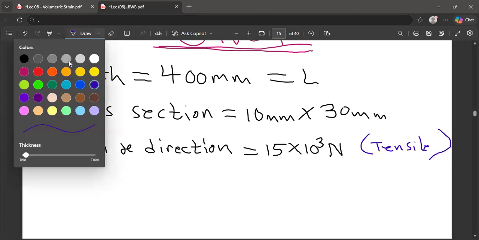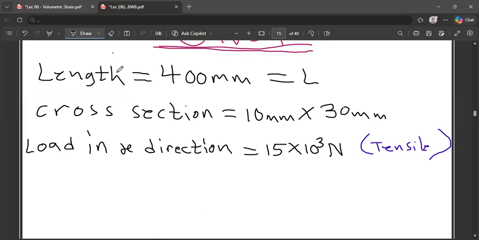Good. Also, let's put down the load in y direction. So let's write here load in y direction.